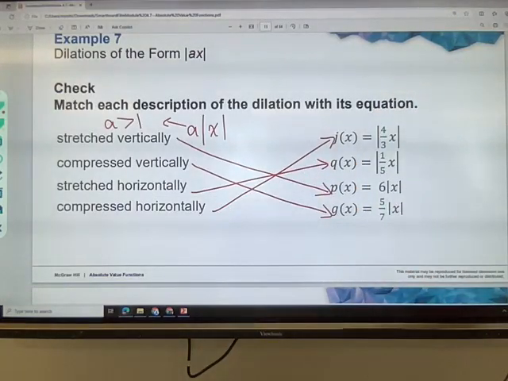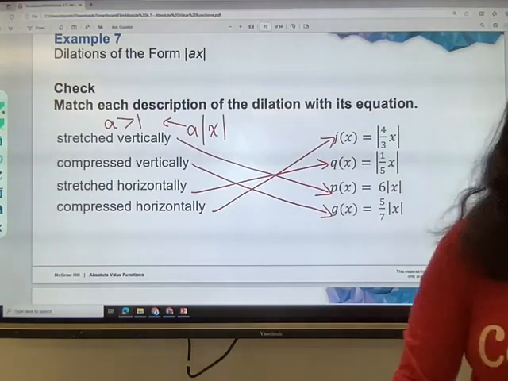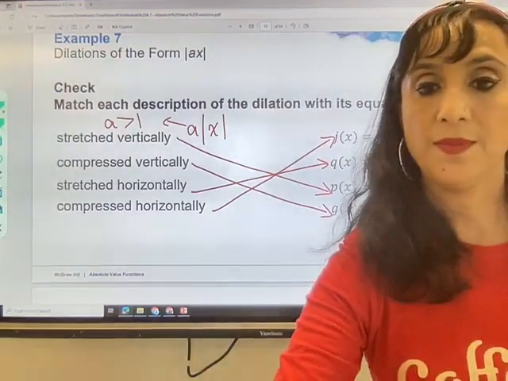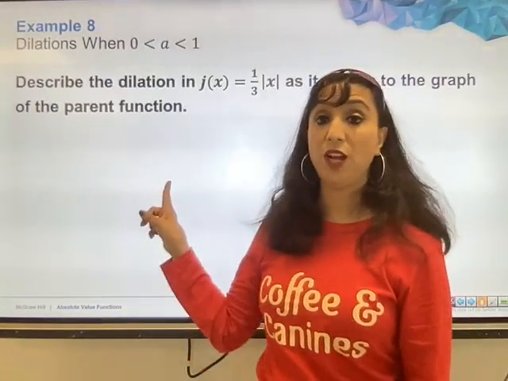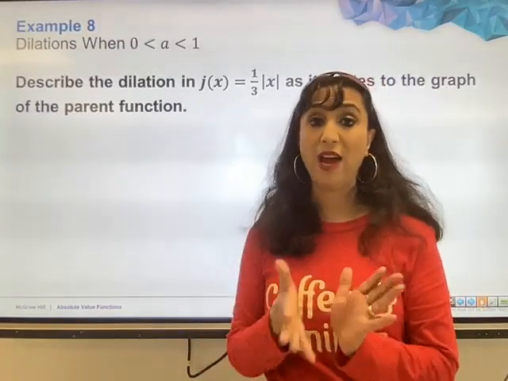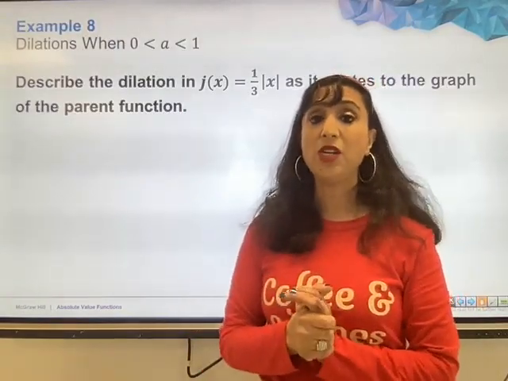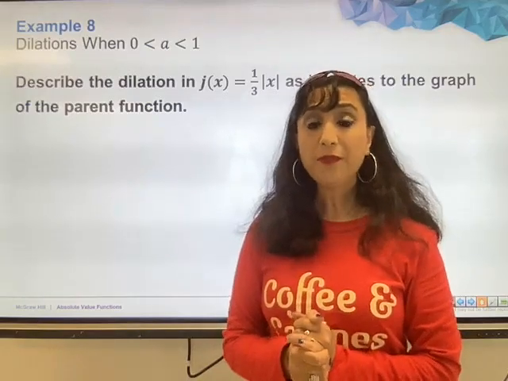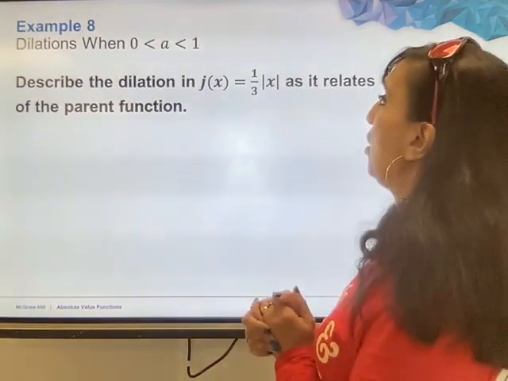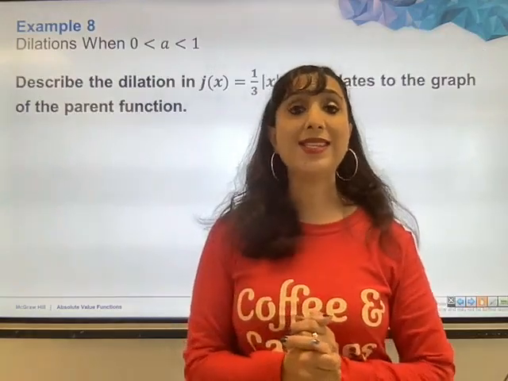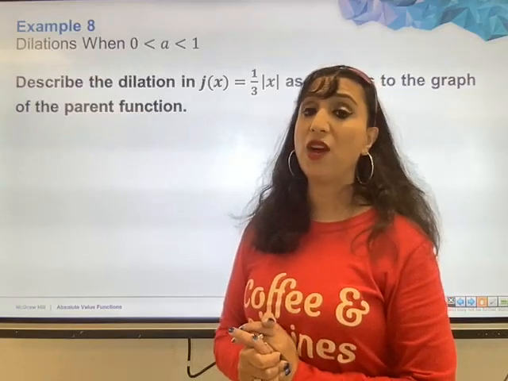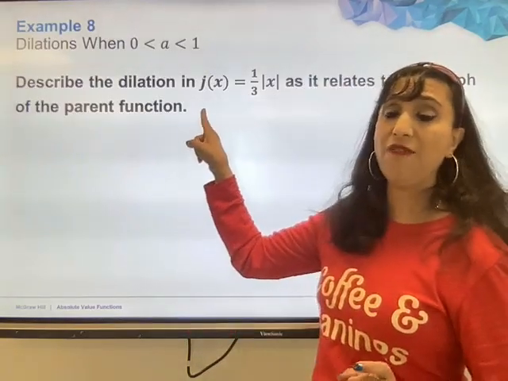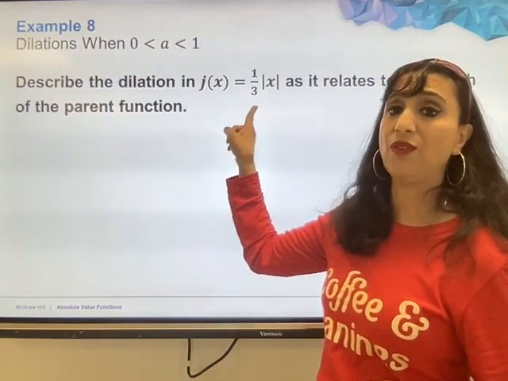So this is what I had wanted you all to see. We had just talked about this, but I wanted to give you a visual of this with the table and the graph already created. Now we're talking about a dilation when 0 is less than A, less than 1. So describing this dilation, J of x is equal to 1/3 absolute value of x.